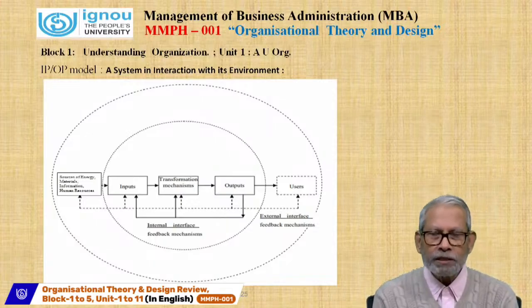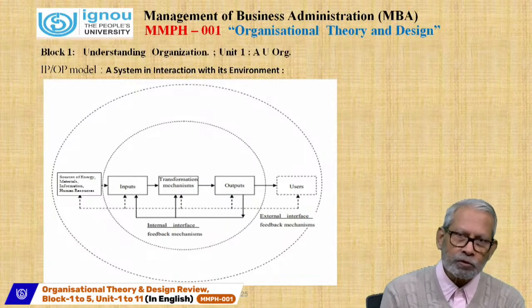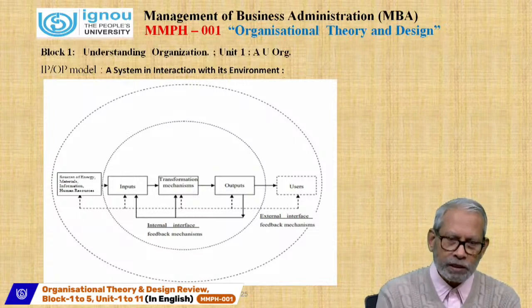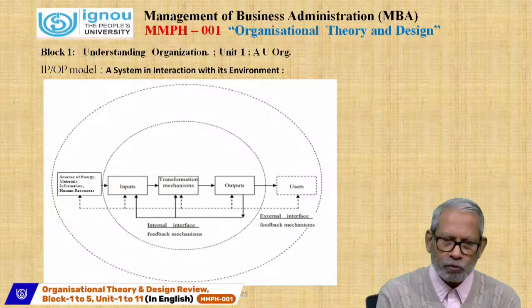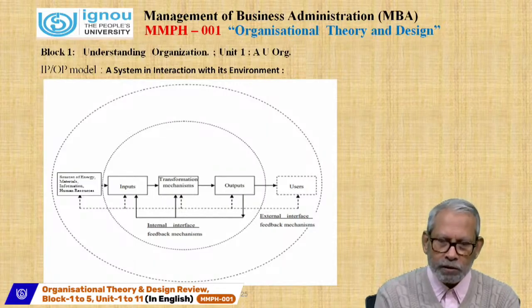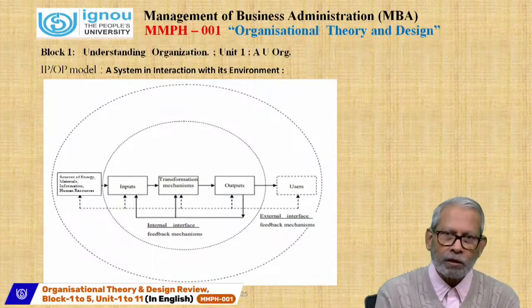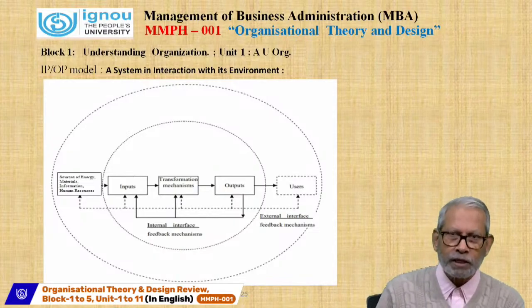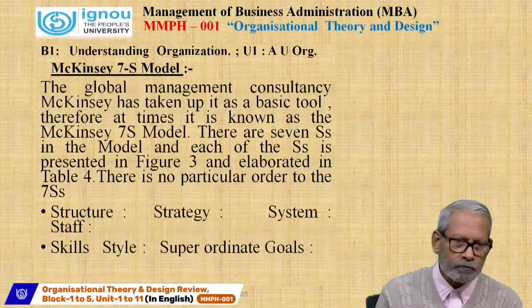So both the internal inputs and the external inputs are clubbed together and sent to the process units, and finally we give the output. Again, from the user end, feedback and all the information you can take back into the system as a loop. You can rectify or modify accordingly for the next forthcoming projects.